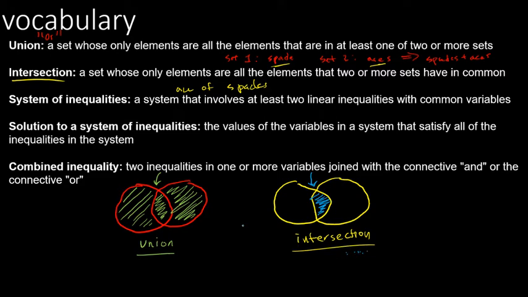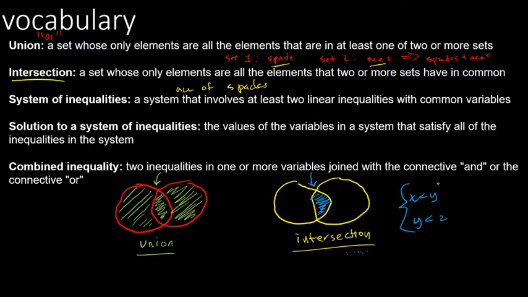A system of inequalities is just a system or a set of multiple inequalities. In this case, we're talking about linear inequalities with common variables. So it could be something as simple as x is less than y is less than 2. This could be a system of inequalities. There's more than one inequality, and it's an associated set of inequalities.